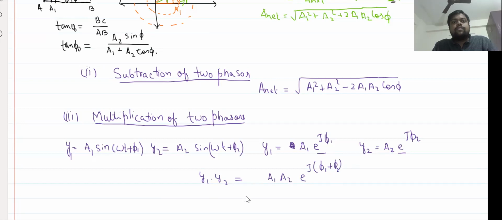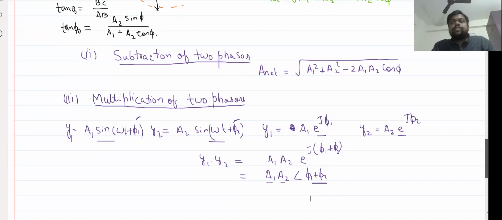You can convert this into phasor form as well: A1 A2 into angle of phi 1 plus phi 2. So in multiplication, when two phasors are multiplied, the amplitudes will be just multiplied and the angles, that means initial phases, will be added. This is the result we get.